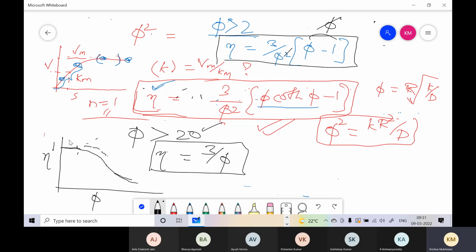So low diffusion, then intermediate zones, and then greater than 20, this is 20, this is 2, right? And then greater than 20, it is just 3 by phi. Are you following this plot? So phi versus efficiency, eta, is simply this expression when large values of phi are involved.